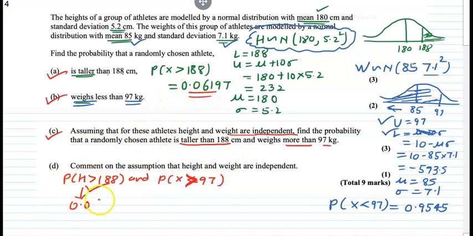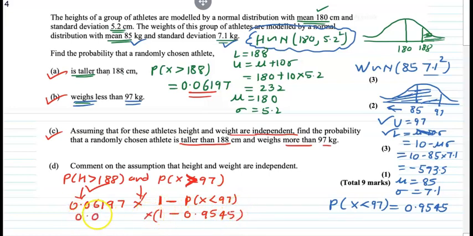So 0.06197, and you put a times sign. Greater than 97, our calculator doesn't give a greater than value, so we can take 1 minus the less than 97 value, 1 minus P(x less than 97), so that is 1 minus 0.9545 times 0.06197.